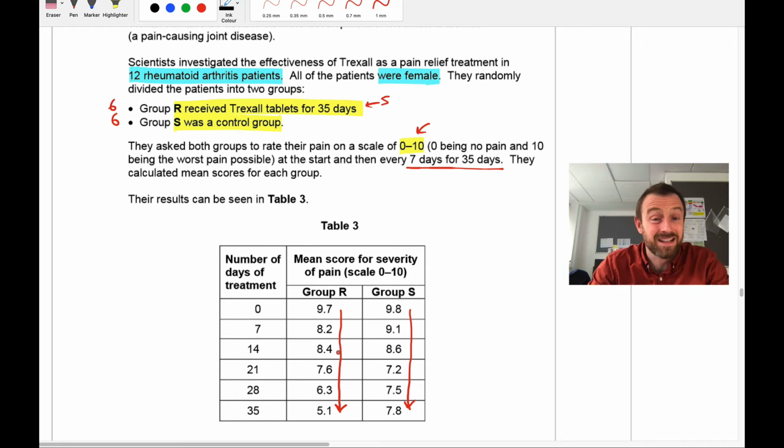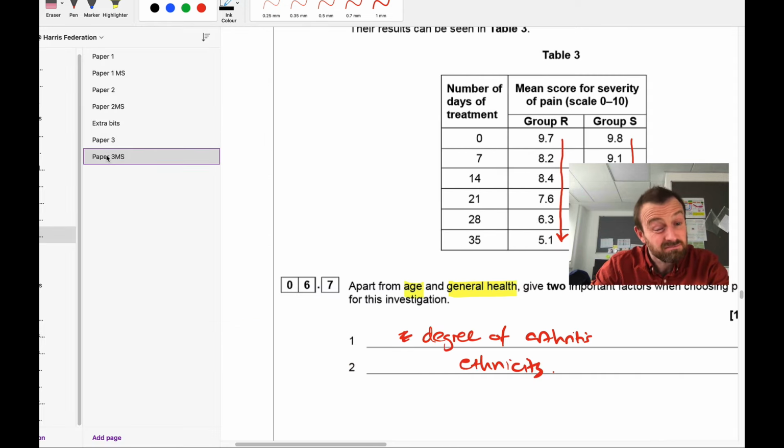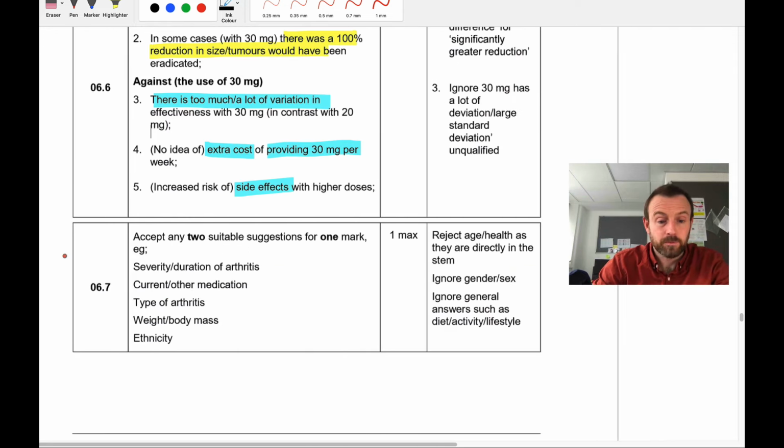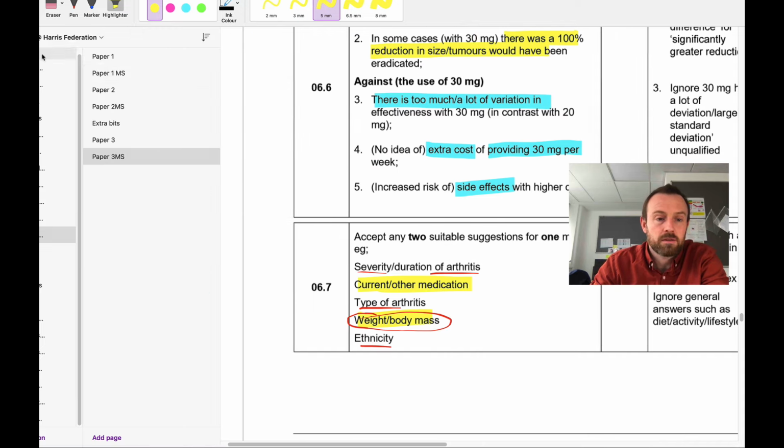Maybe arthritis of the hands, arthritis of the knees, body part affected by arthritis, maybe? Medication. Yeah, okay. So severity, duration of arthritis, type of arthritis. Weight we could have had. Ethnicity was there. Weight or body mass, that's an important one. Missed that one, that should have been obvious. And any other medications that may interact. Medications, body mass.